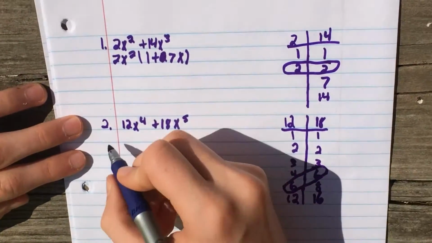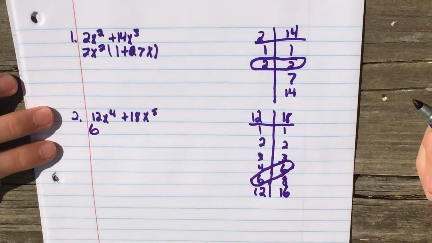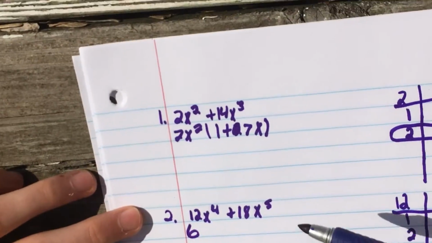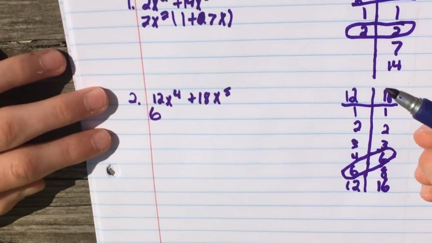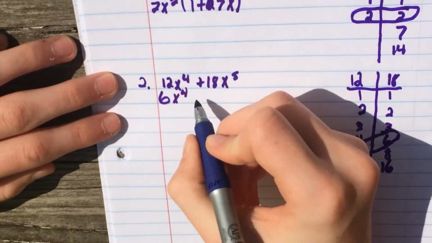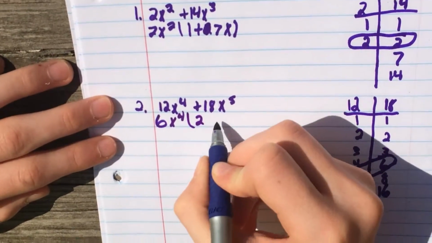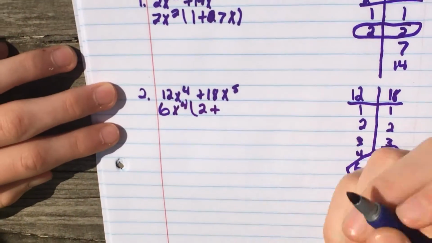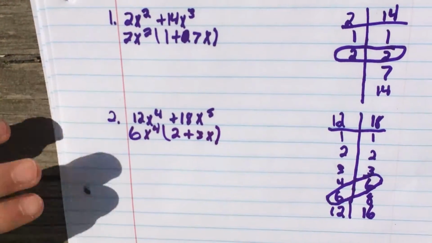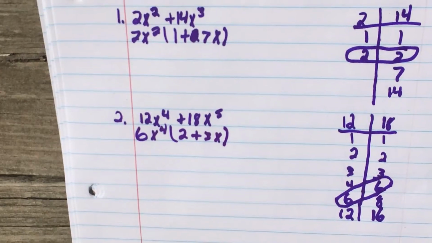So we're going to plug that in right here. So 6, and for exponents, it'll be x to the 4th. And we're going to plug in 2 plus 3x. That'll be your answer.